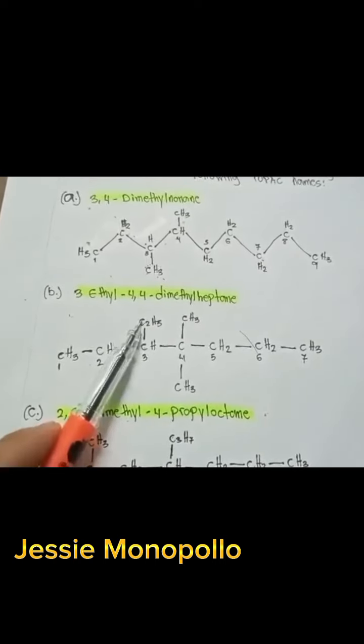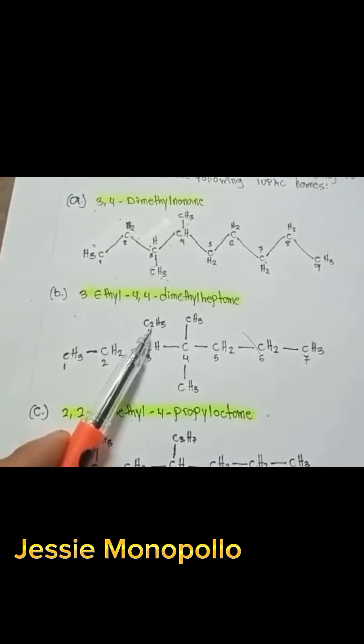This is the drawing of the structures. So, carbon 1 has three hydrogens. Carbon 2 has two hydrogens. Carbon 3 has one hydrogen, but it has a branch. In the branch, there are two carbons and five hydrogens.